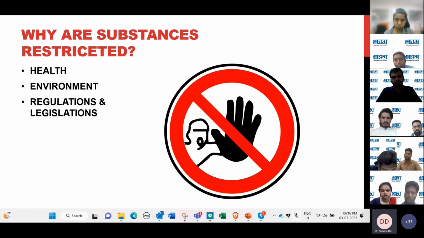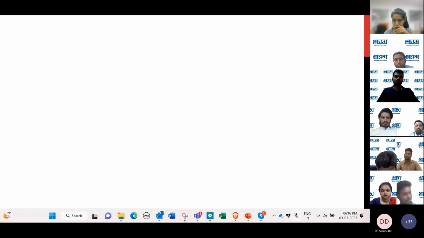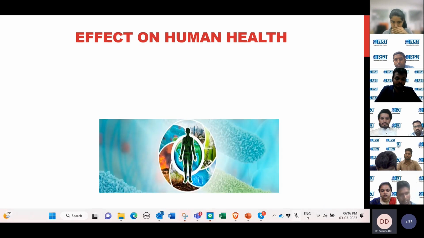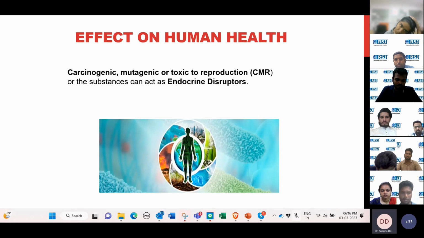These are restricted due to health issues, environmental issues, or regulations and legislations. These are the different areas that need to be considered when any global regulation is formed. They take care of health, environment, and the regulations of that particular country.